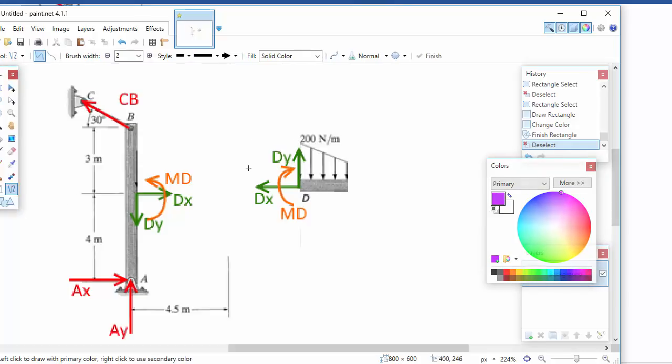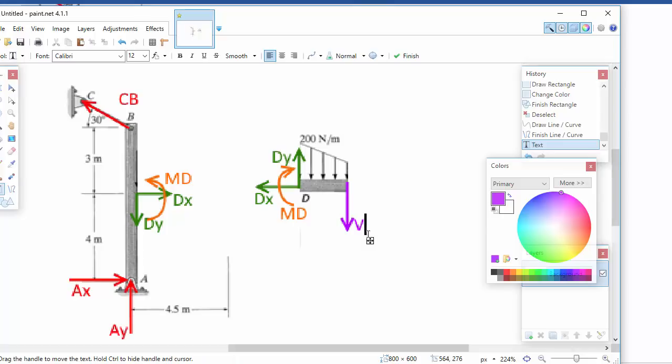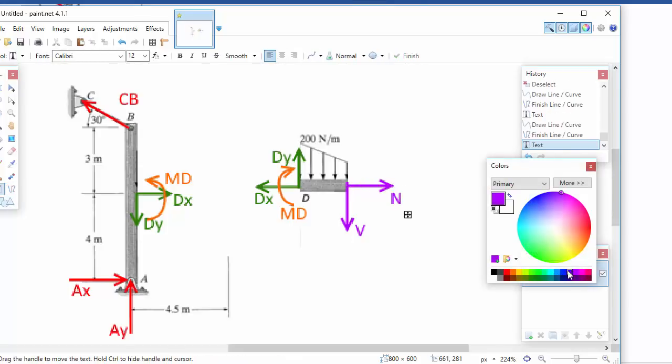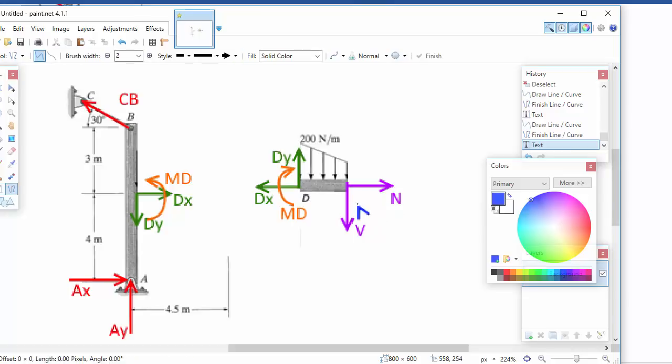So let's grab a new color, and we'll label a shear force V. We'll label a normal force N, and we're going to label a bending moment in, let's say, blue there.